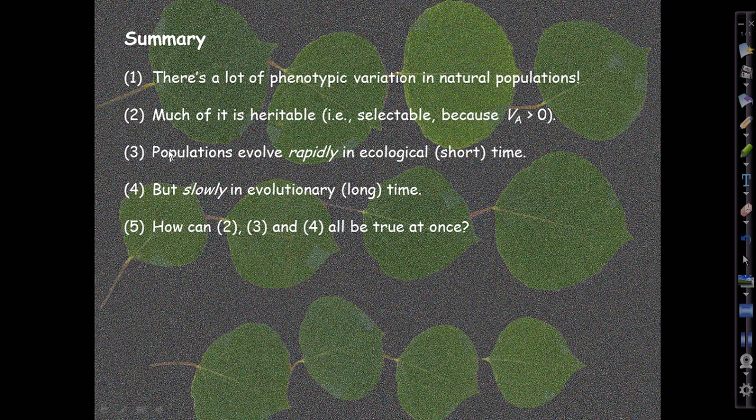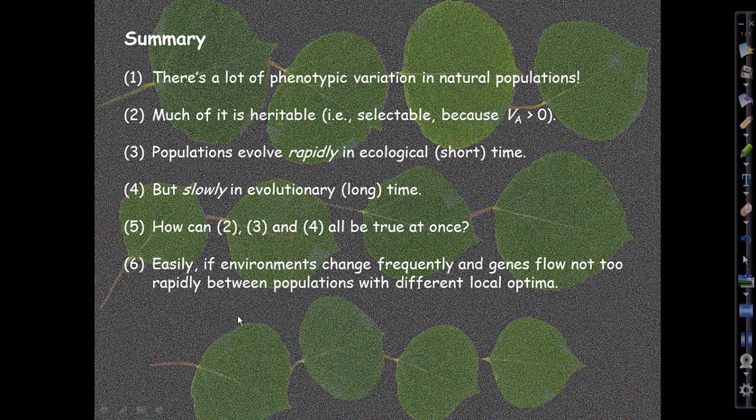So how can 2, 3, and 4 all be true at the same time? High heritability, rapid evolution under our noses, but little change over evolutionary time. Well, it implies that environments change frequently and genes flow not too rapidly between populations with different local optima.